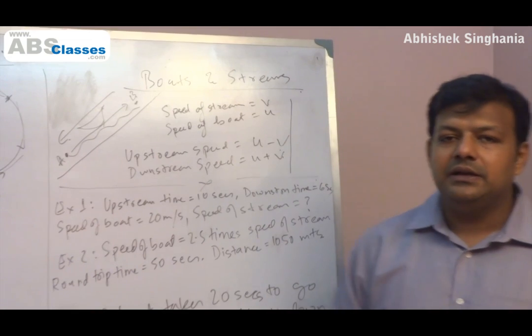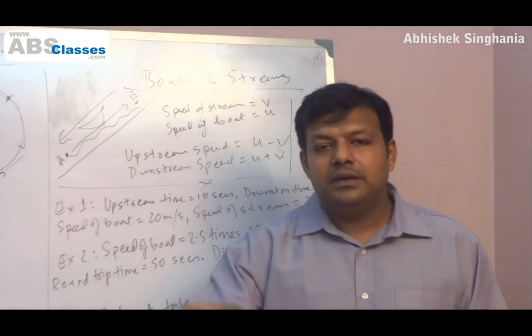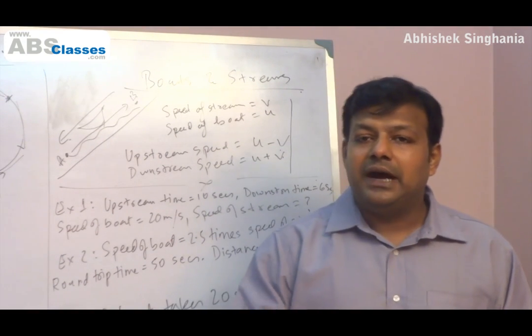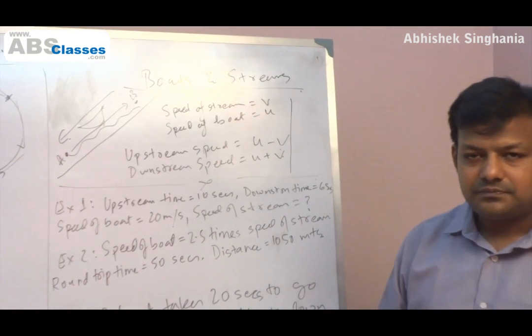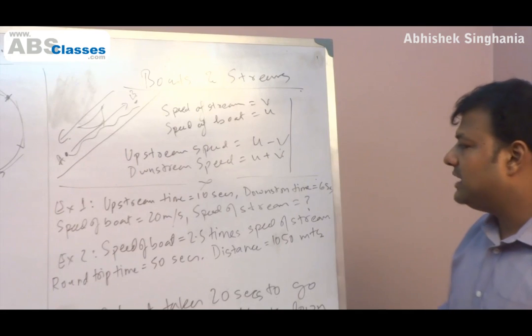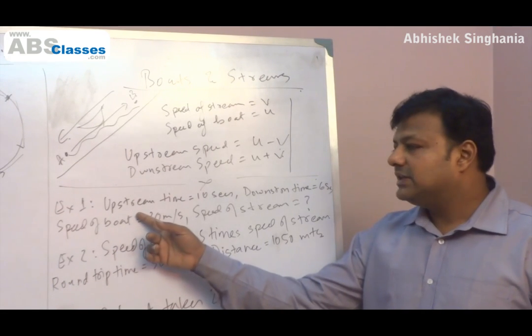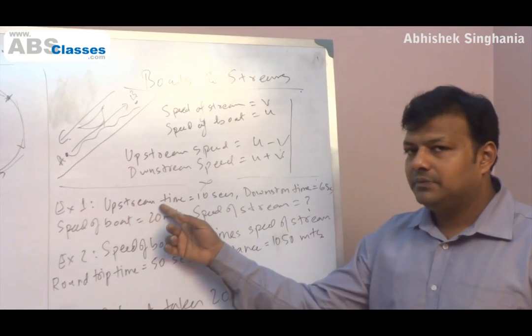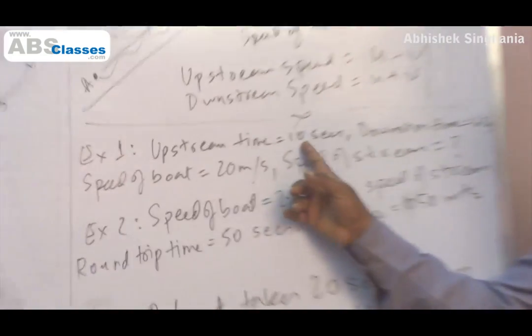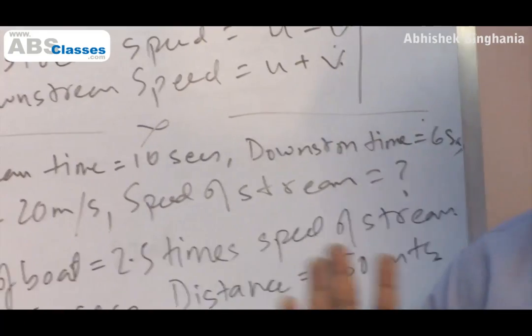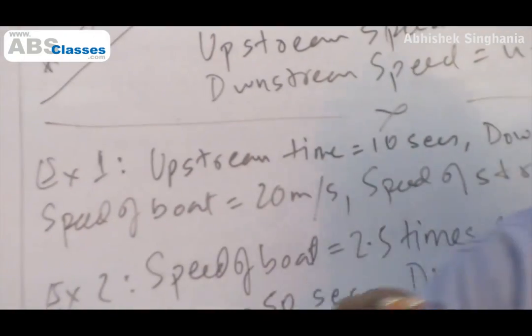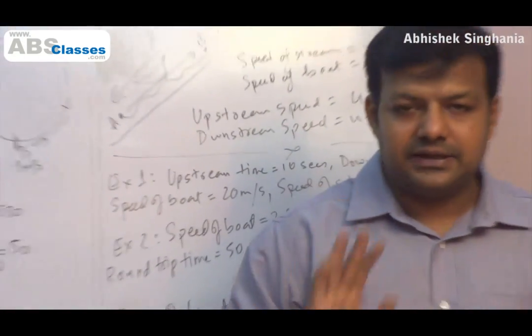But similarly, if the upstream time and downstream time is given, I can still find the ratio of the speed of the boat and the stream. See how we do this. For example, first example, upstream time is equal to 10 seconds. Downstream time is equal to 6 seconds. Stop. Upstream time is 10 seconds, downstream time is 6 seconds.